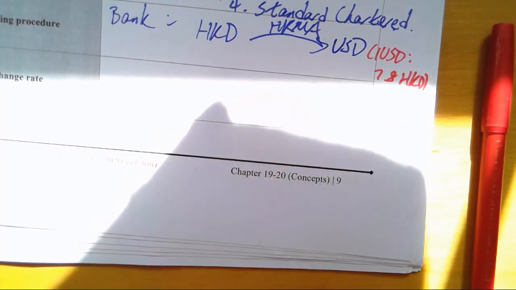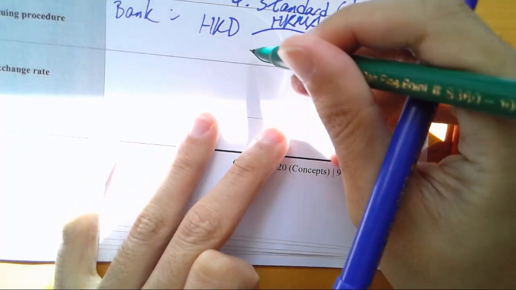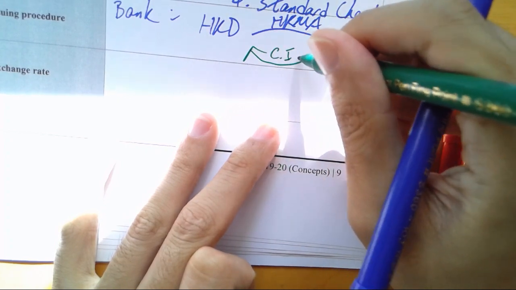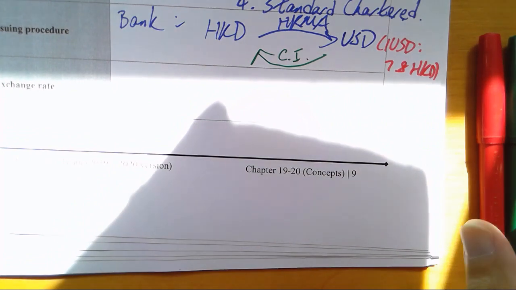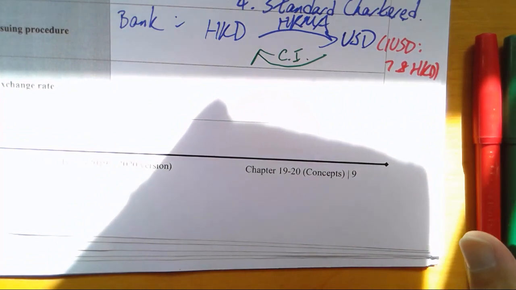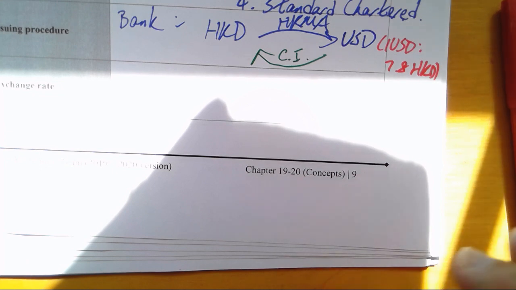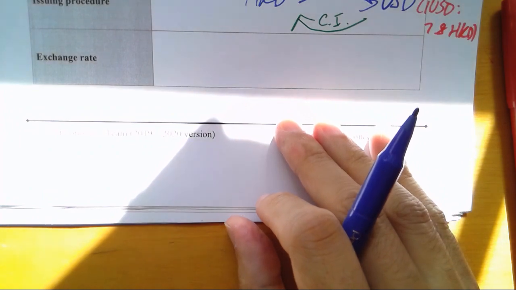In return, HKMA will give something we call a certificate of indebtedness, CI, to prove that they can issue certain amounts of Hong Kong dollar because you have given me the USD. Okay, 得唔得? So this is the way they do it. Okay, 好嘛?